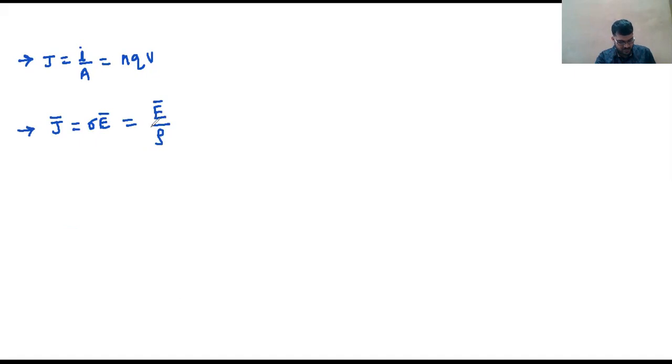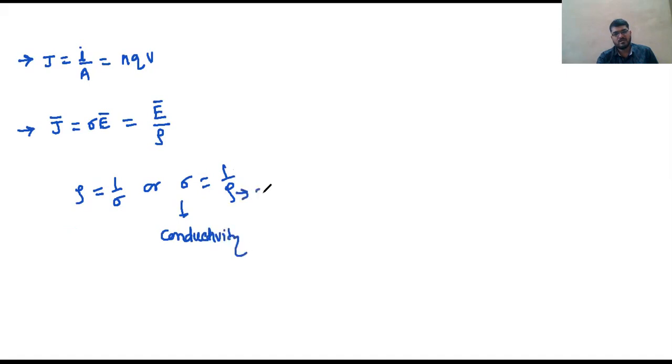Already I told you sigma is conductivity. Rho is resistivity. Rho is equal to 1 by sigma, or sigma is equal to 1 by rho. Conductivity and resistivity.